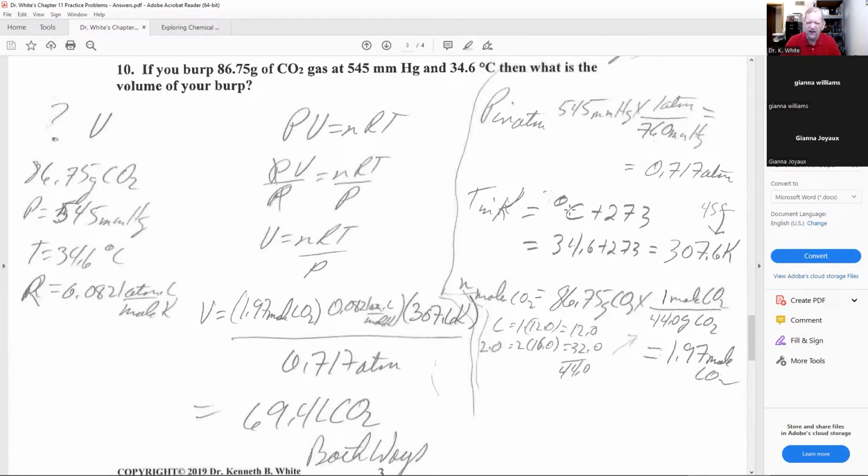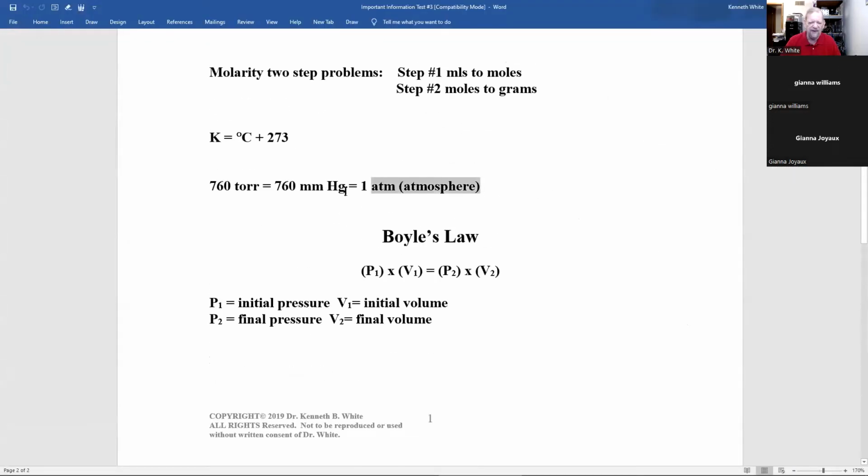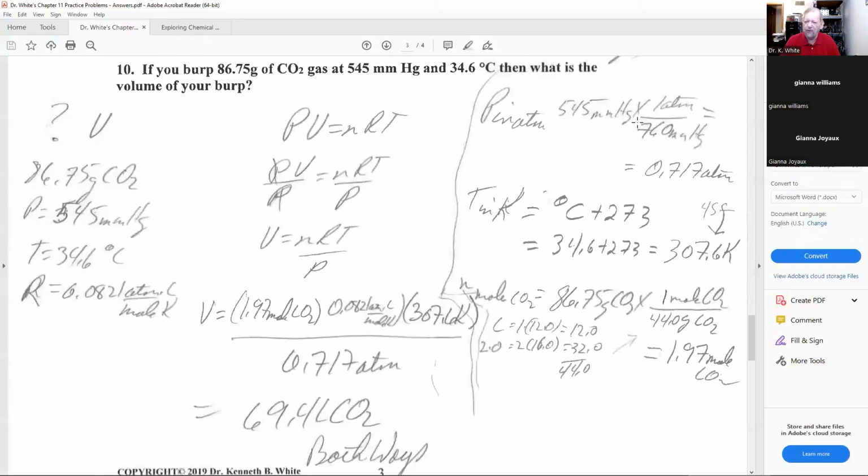Where do we get these numbers? Important information. 760 millimeters of mercury equals 1 atmosphere. Therefore, 1 atmosphere, that's where I got the 1, equals 760 millimeters of mercury.